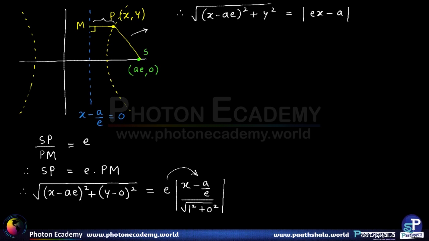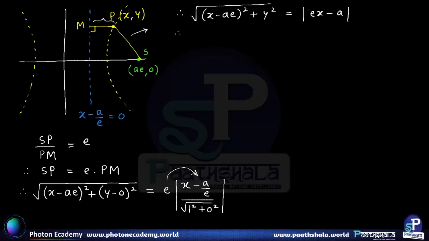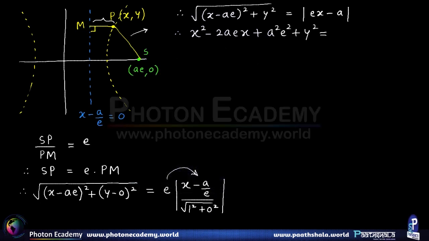So clearly to get rid of the square root as well as the absolute value on the right side, we have to square both the sides. So on squaring and opening the square of x minus AE, we get x square minus 2AEX plus A square E square plus y square is equal to E square x square minus 2AEX plus A square.